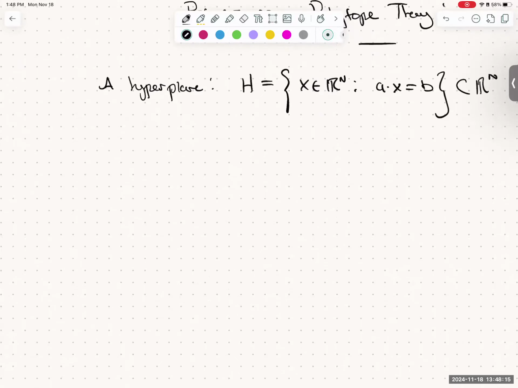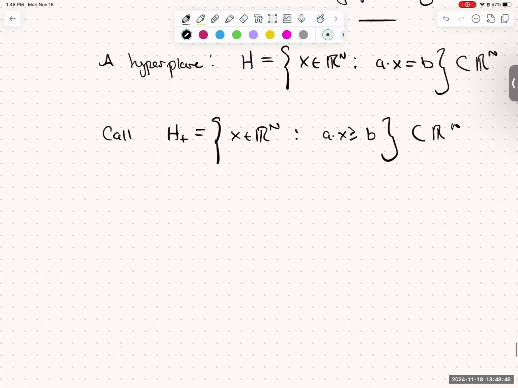Then we also call, I guess I use just regular H here, H plus, a half space. Basically, I'm going to consider a related inequality. These are all the x's such that a dot x is greater than or equal to some b, and this is called a half space.